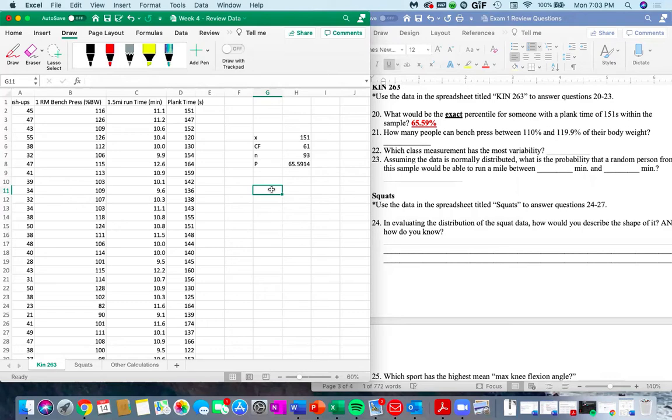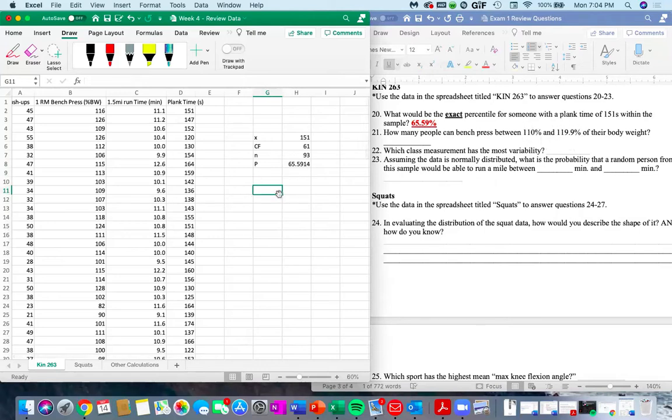One thing that I did on purpose was put between 110 and 119.9. On the exam, I would have to specify if you're including both of these numbers. In this case, we're going to include both 110 and 119.9.